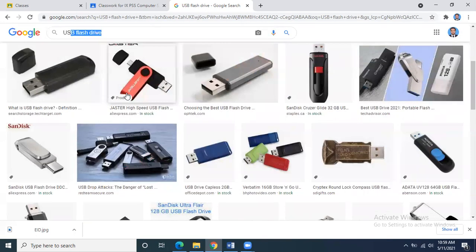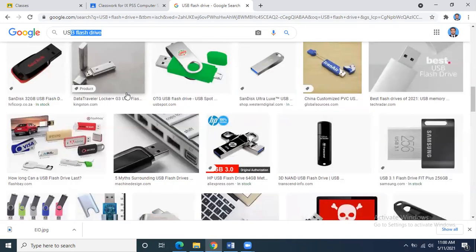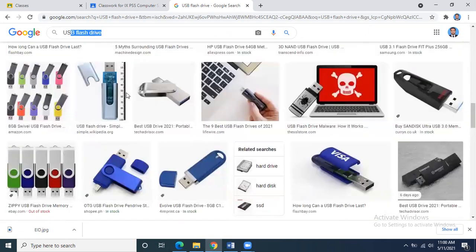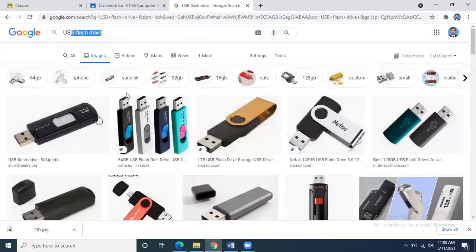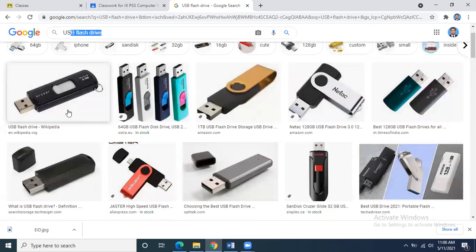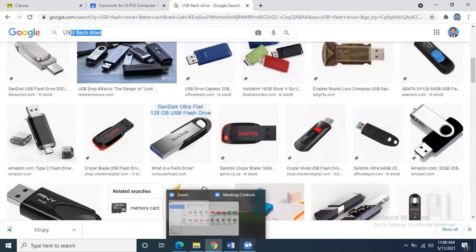Okay, so this is also available in 4 GB, 8 GB, 16, 32, 64, and so on. And you can use it even in terabytes. It is available nowadays, and you can store data. You can take backup, and you can move data using USB. SanDisk and Kingston are the famous brands of the USB which are available in the market.